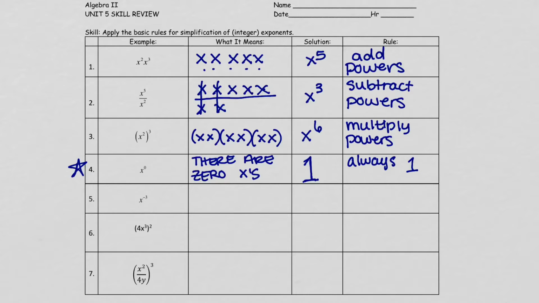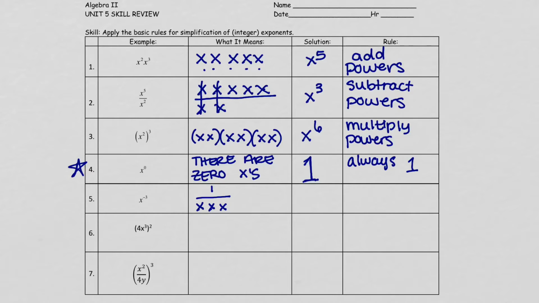Okay, number 5, we have x to the negative third. So with that negative exponent, what it's going to look like is we're going to have 1 over x times x times x. So our 3 x's are in the denominator. When it was that negative exponent, we moved it from the numerator to the denominator.